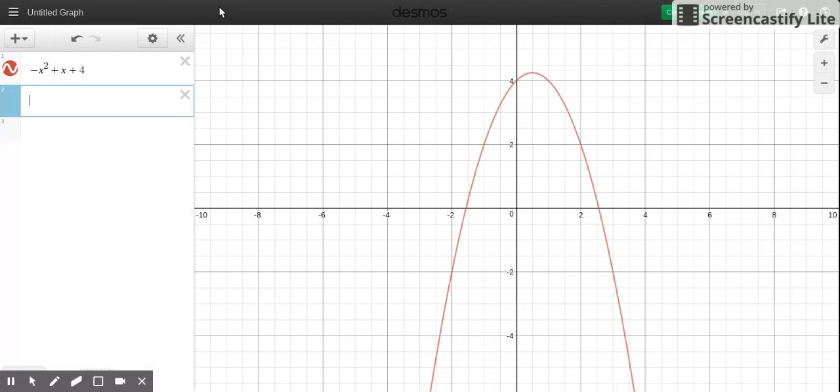Y is equal to x plus 4. So you can see this is the tangent line that we were looking for, the equation to this line that passes through the point 0, 4. Pretty simple. Pretty darn simple, right?